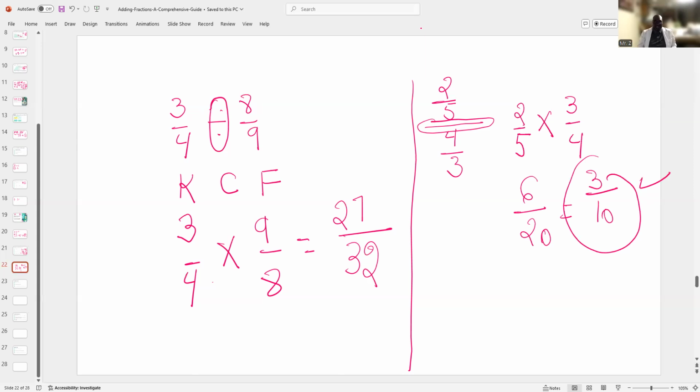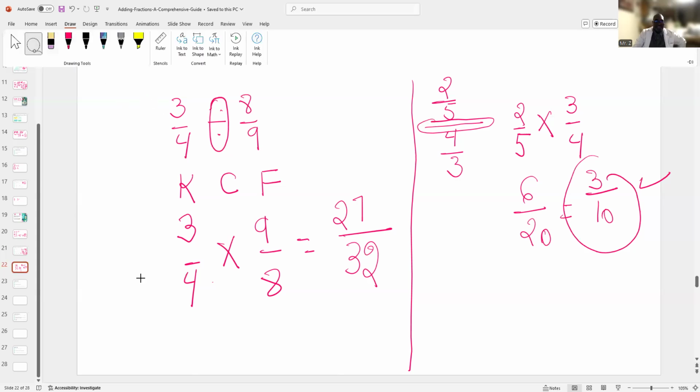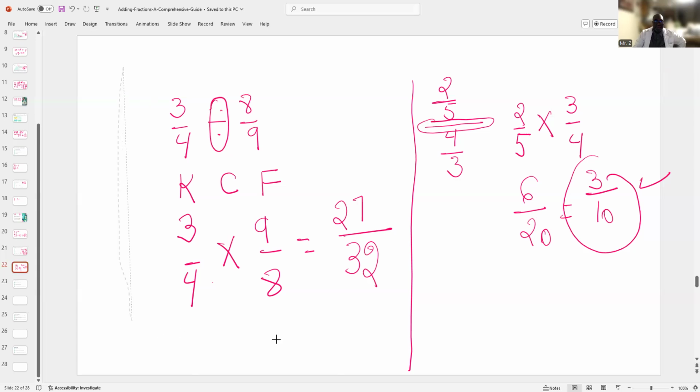All right. This is how you can divide a mixed number, or multiply a fraction, stuff like that. So now let's do some exercise on how you can divide a mixed number.